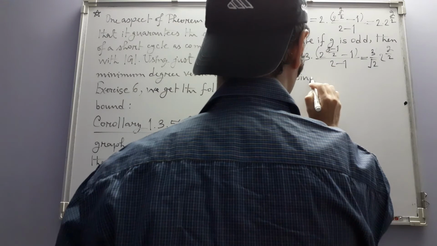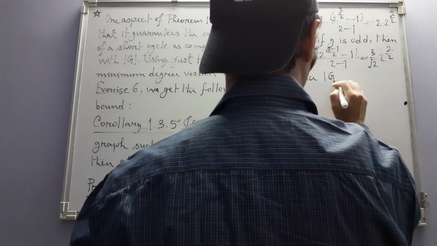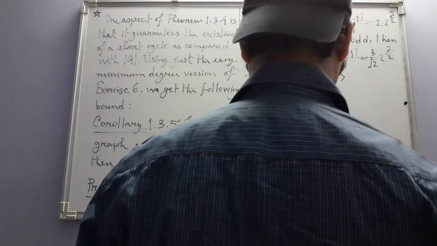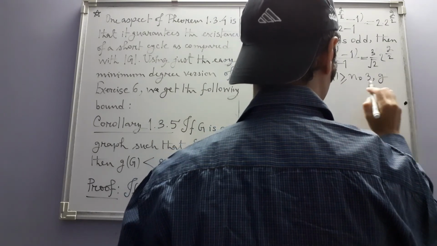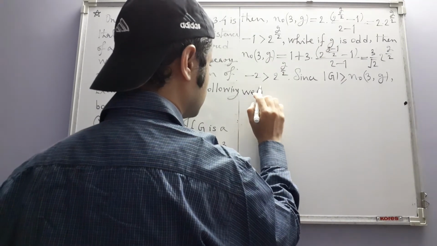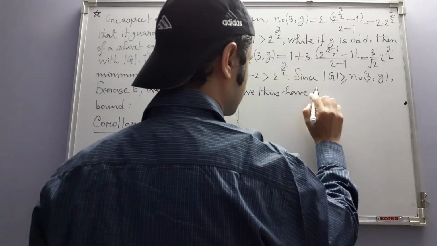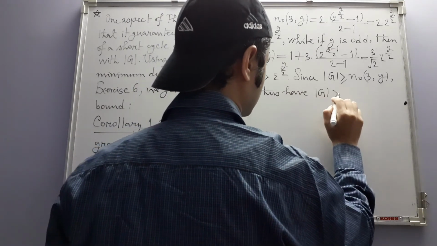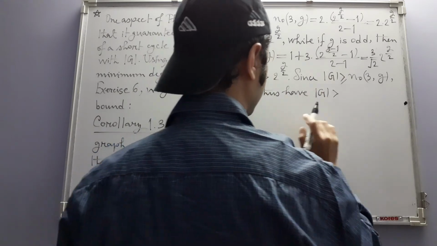Since the order of G is greater than or equal to this lower bound, we thus have strict inequality here.